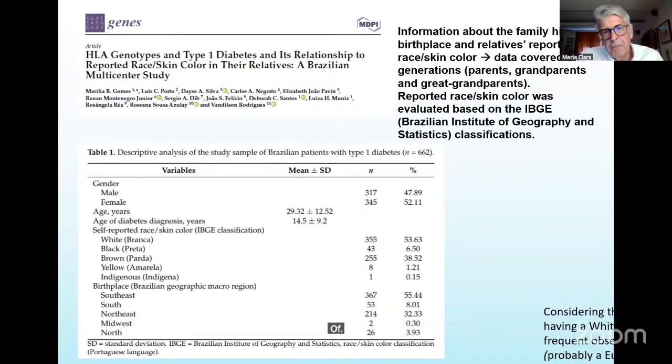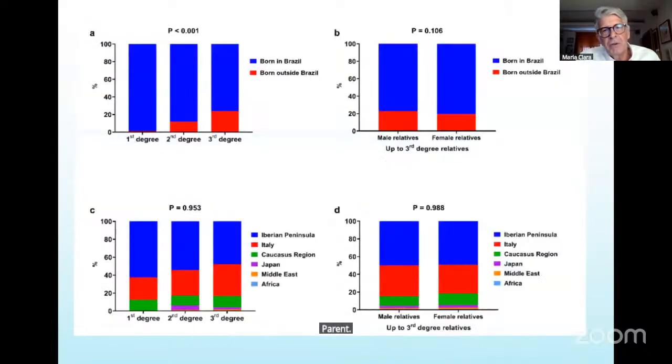Of course, most people do not know exactly where their great-grandparents were from or their race and color, a few more know about their grandparents, and of course they know about their parents.